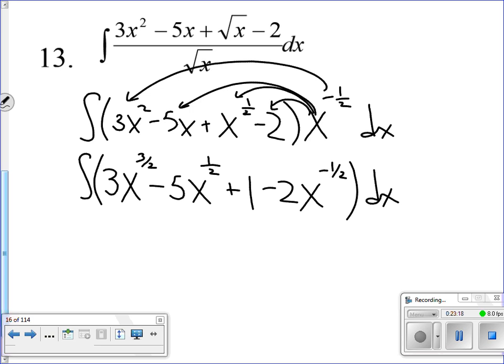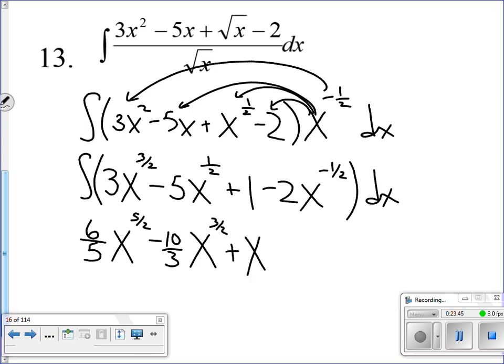Okay, so we're just going to go through term by term. So for the first term, you add 1 to get 5/2, so that means you need to multiply by 2/5, so you get 6/5. Next term, you add 1 to the exponent, giving you 3/2, which means you multiply by 2/3. When you take the antiderivative of 1 with respect to x, you just get x, right?